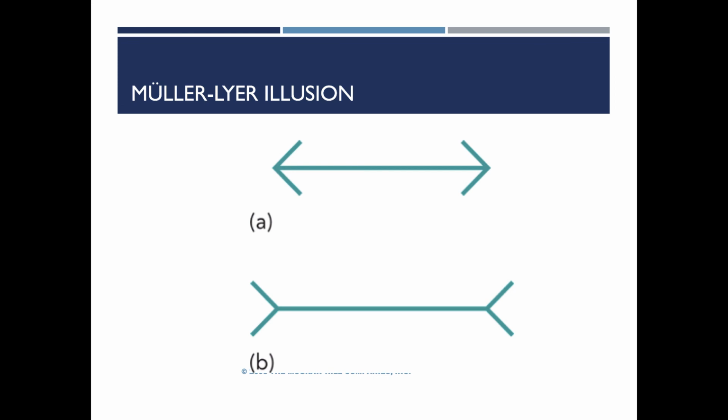And I still feel like the line at the bottom looks larger, even though I know that they're the same size. And if I asked you why, you might say it has something to do with the direction of those arrows, and you'd be correct, but it's not the full explanation because we need to know why it matters that those arrows are going different directions and what it is doing to our perception.